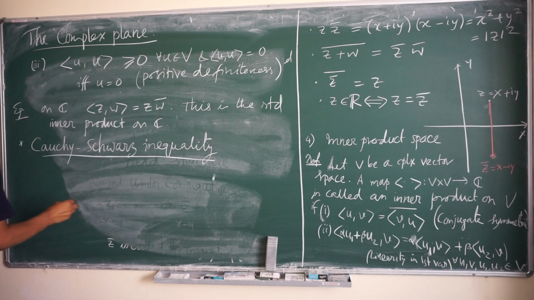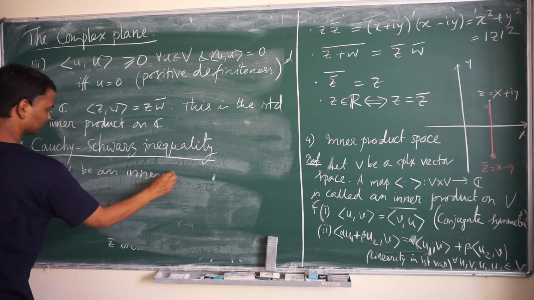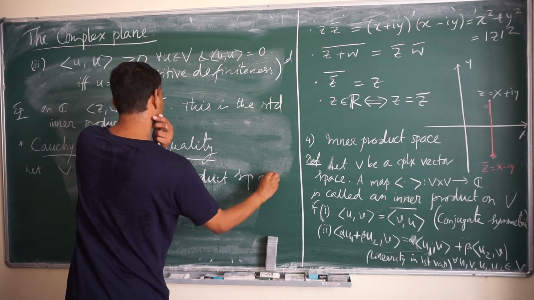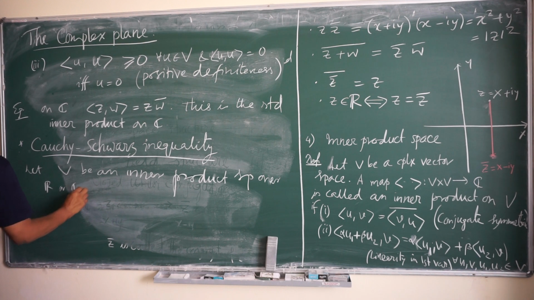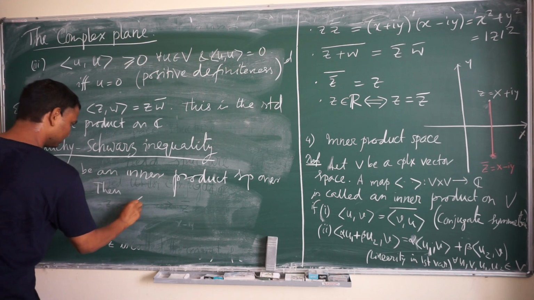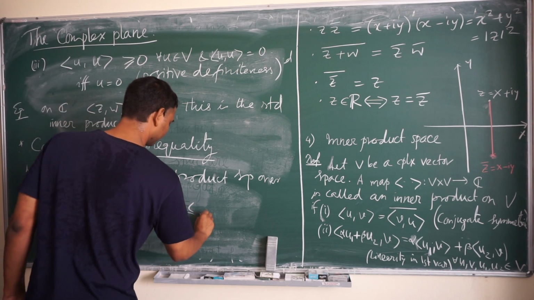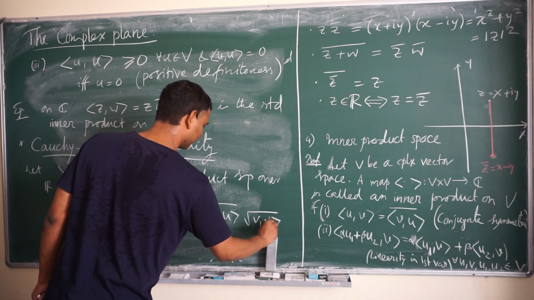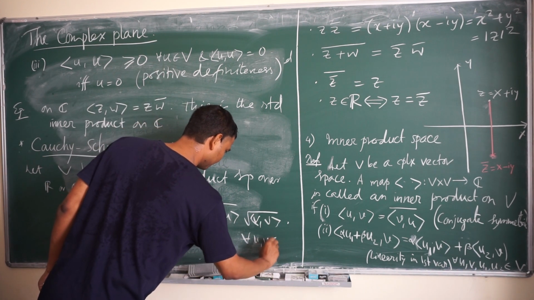The Cauchy-Schwarz inequality says: let V be an inner product space over R or C, then mod of u comma v is less than or equal to square root of u comma u times square root of v comma v, for all u, v.